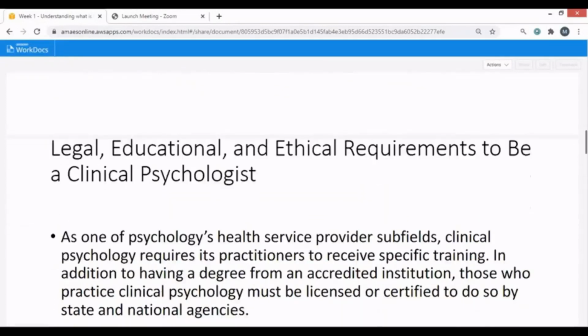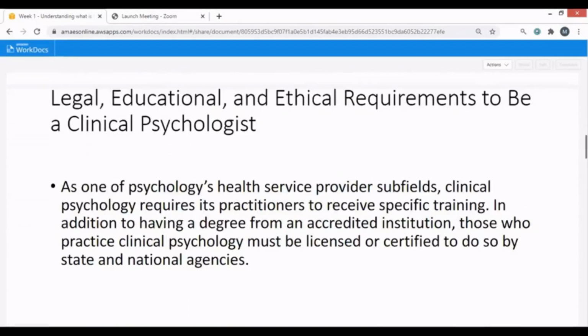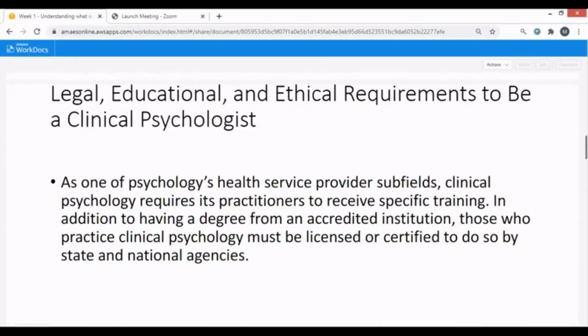For this, as one of the psychology health service provider subfields, clinical psychology requires its practitioners to receive specific training. In addition to having a degree from an accredited institution, those who practice clinical psychology must be licensed or certified to do so by state and national agencies.